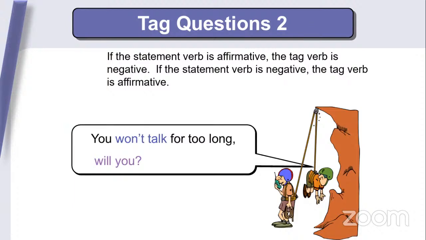So also, you won't talk for too long, will you? For example, that is the same, right? But in this case, it's negative and positive. Also, we have to notice something. If we have some auxiliary verbs like will, have, has, all of those things, we have to use the same in the tag, and in the statement it will probably be something similar.